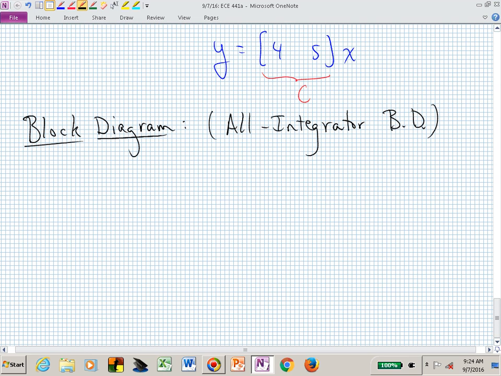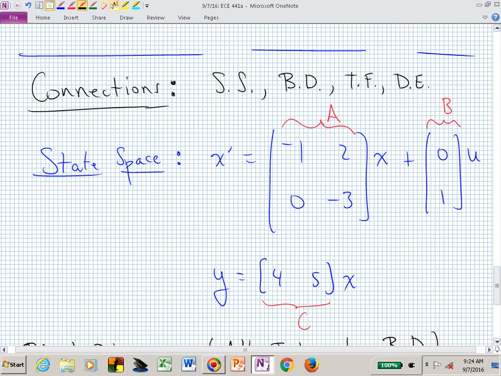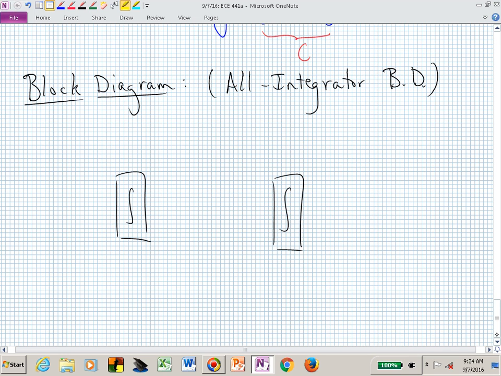Now, not knowing too much about your system, you may not know where to put the different x primes, but if you look at this state space representation, x1 prime is made up of two pieces, minus x1 plus 2 x2. So let's put x1 prime over here because it's going to be made up of whatever I just said.